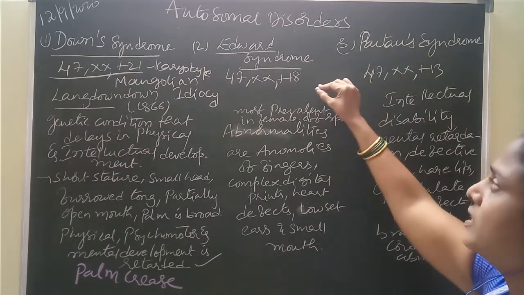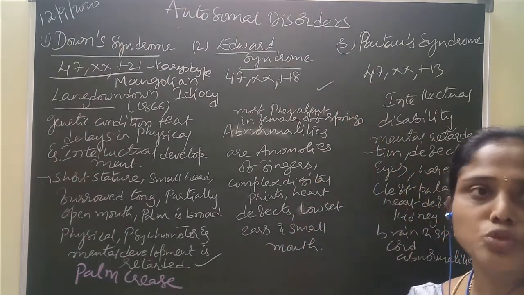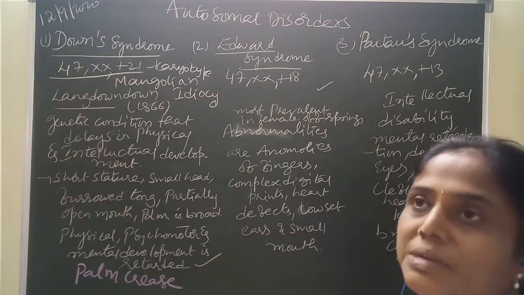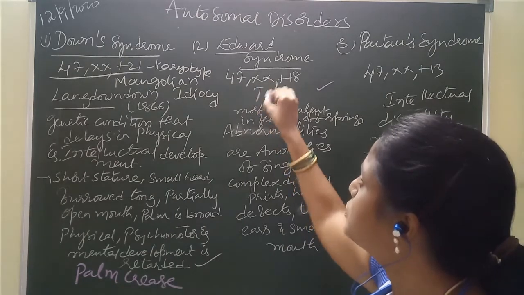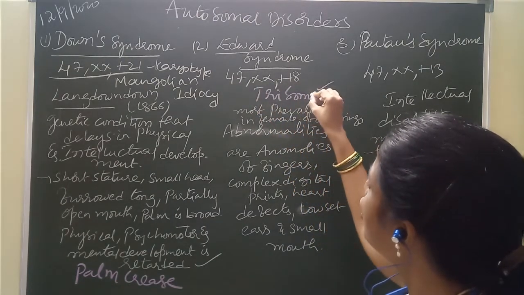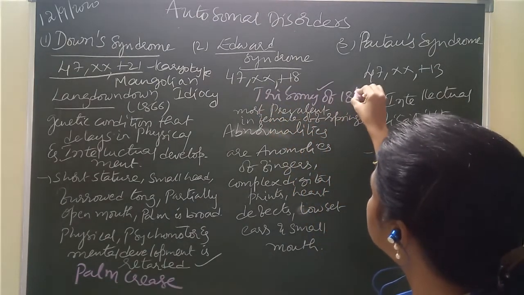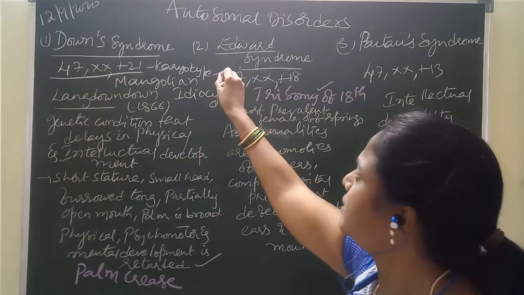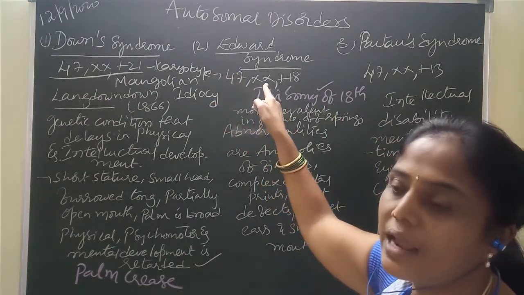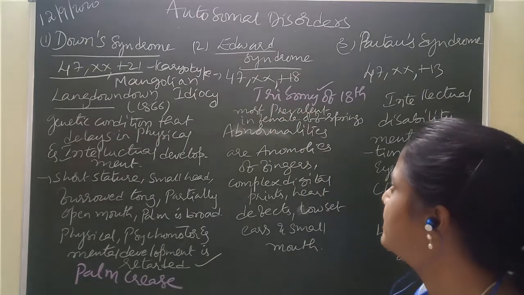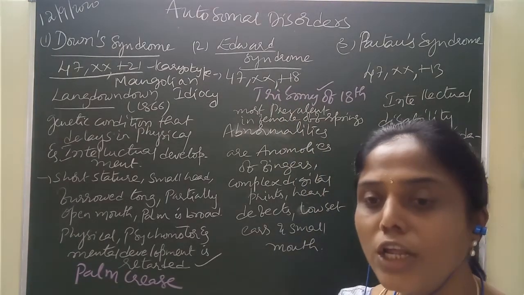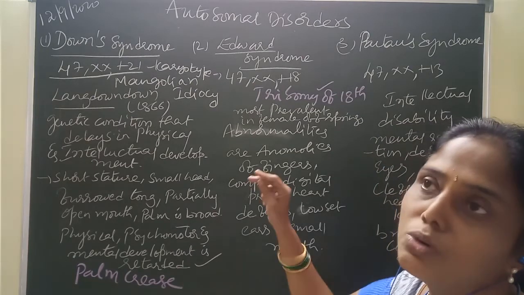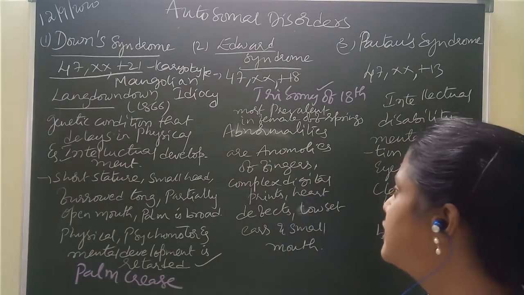Then the second one is Edwards syndrome. An extra genetic material is added to the 18th chromosome, due to trisomy of the 18th chromosome, and the karyotype is 47XX plus 18. Generally it is seen in almost all human populations, but it is most prevalent in female offspring.